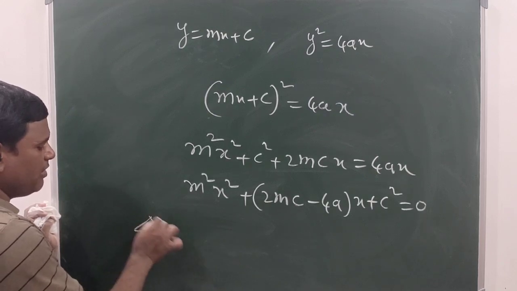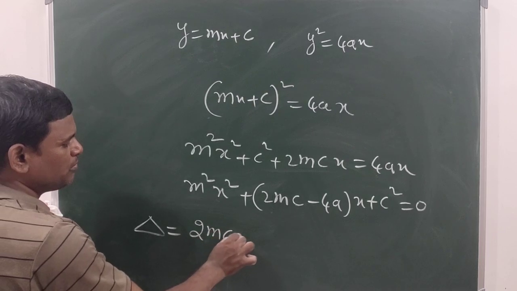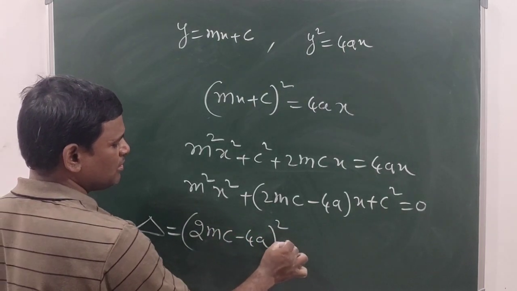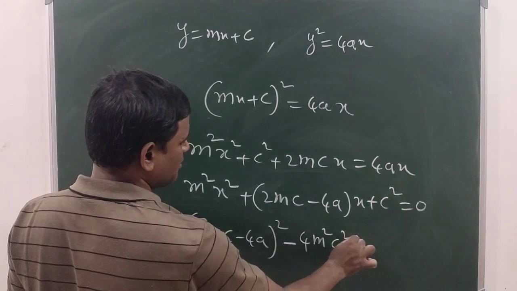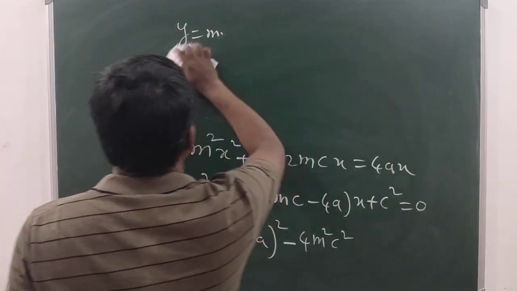Find the discriminant value, b square minus 4ac. b square means (2mc minus 4a) whole square, minus 4 m square c square.